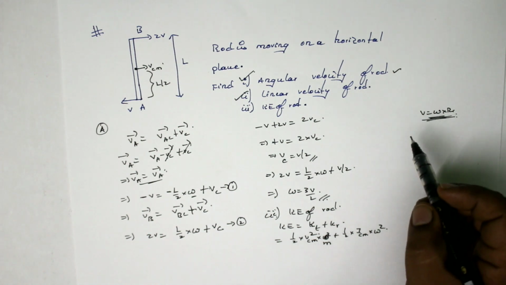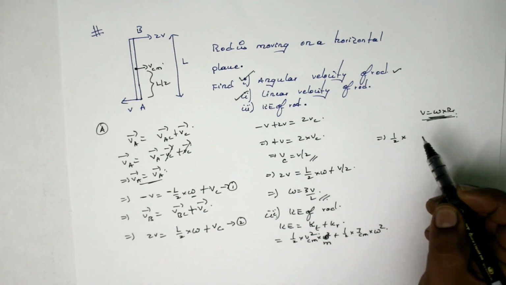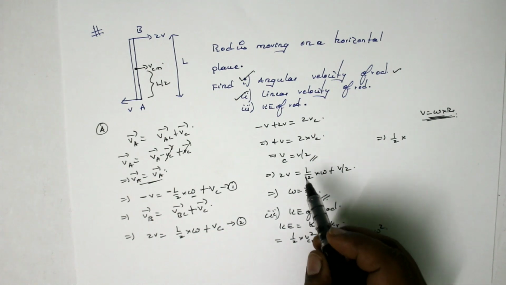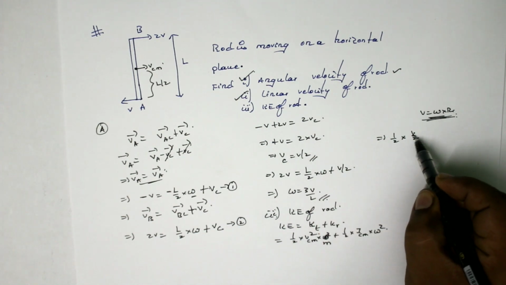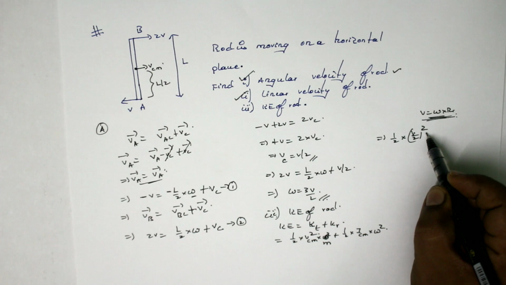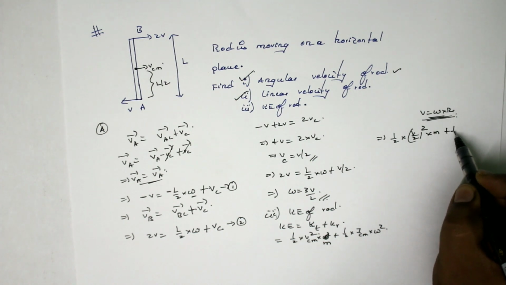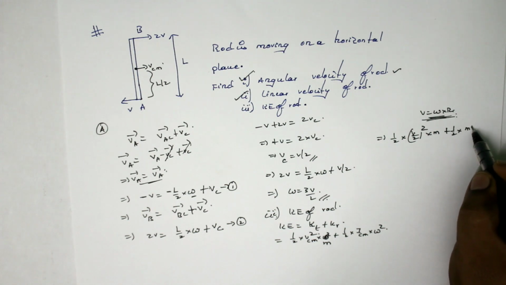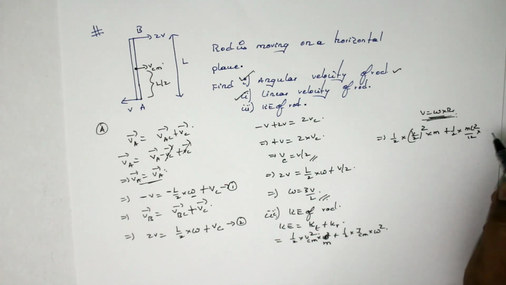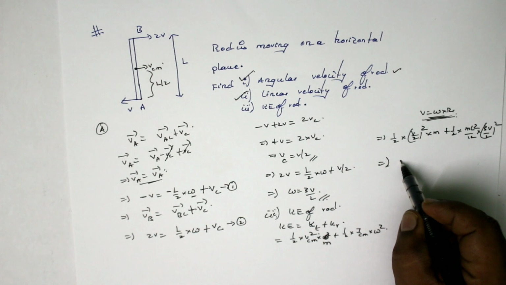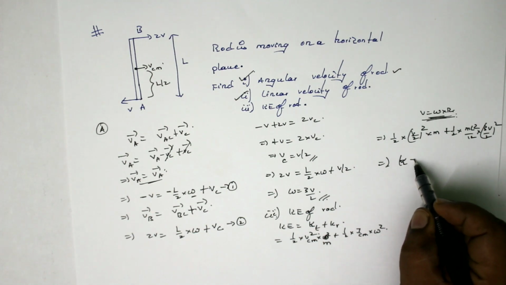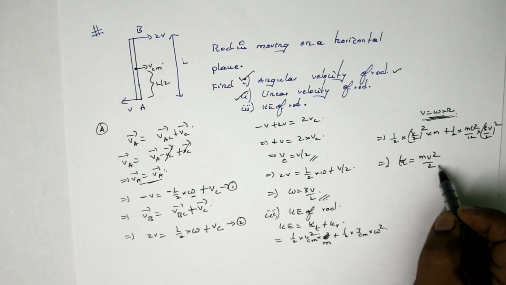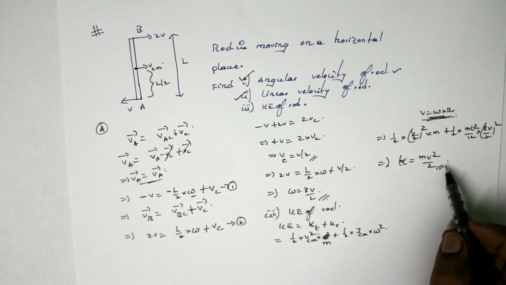Now if I substitute all these values: half into velocity of center of mass, which we just calculated as V by 2, whole square, into m, plus half into I center of mass, which for a rod is m L square by 12, into omega, whose value is 3V divided by L, whole square. If I do this calculation, I get total kinetic energy equals m V square divided by 2. So this is my answer.